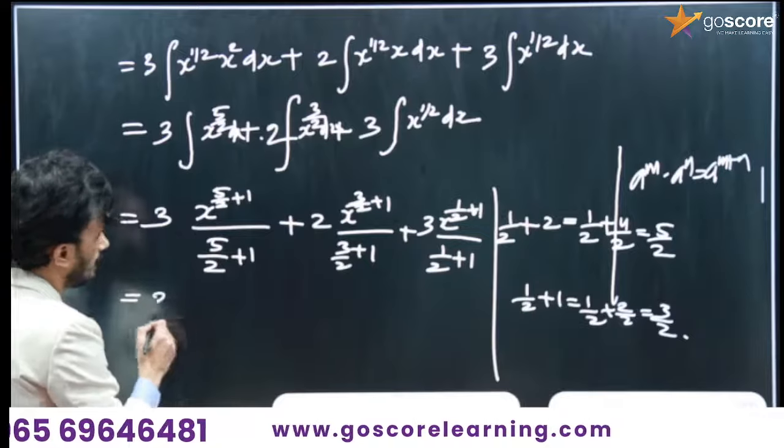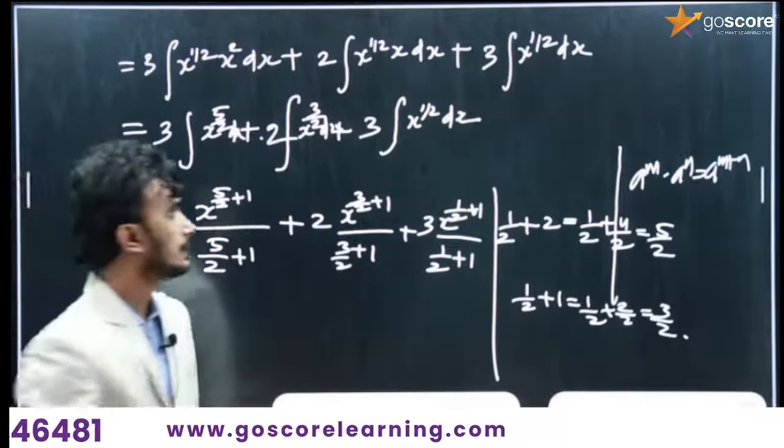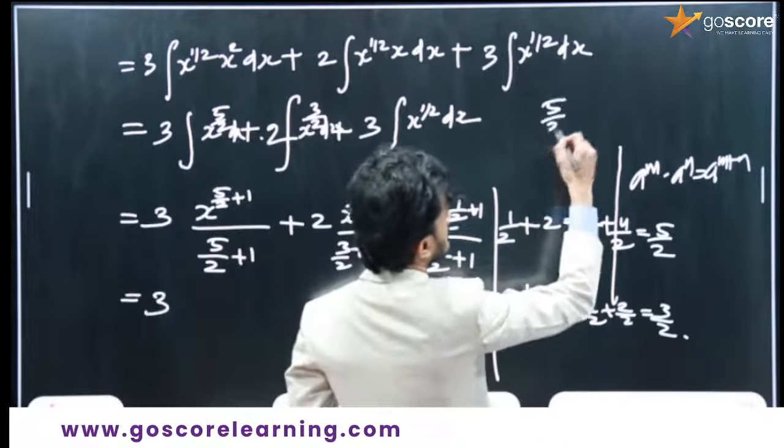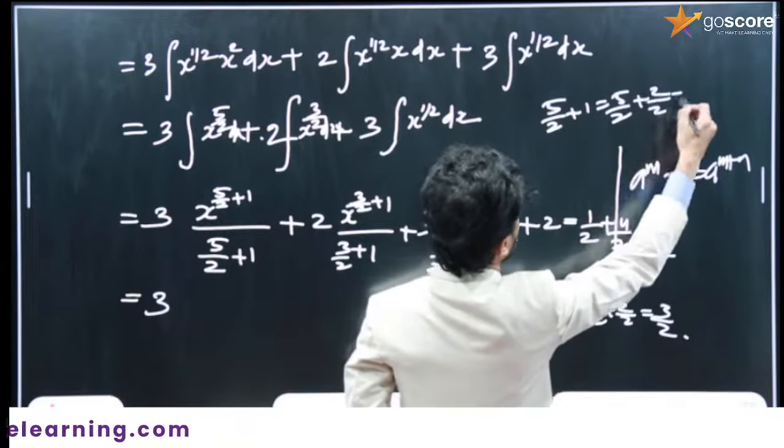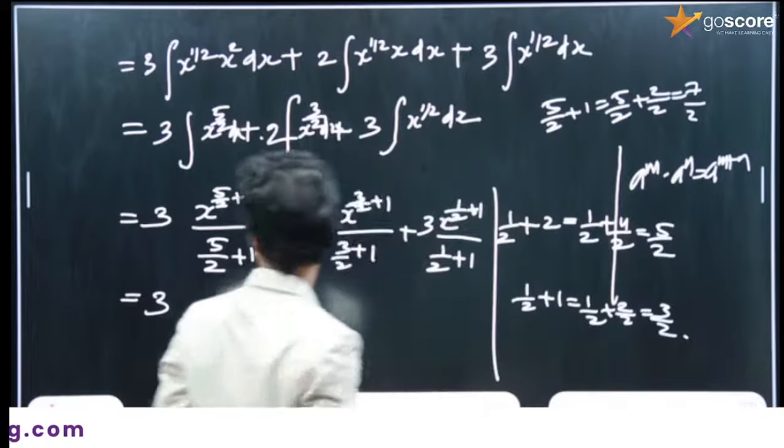So it is equal to 3 into, what is 5 by 2 plus 1? It is 5 by 2 plus 2 by 2, 7 by 2.